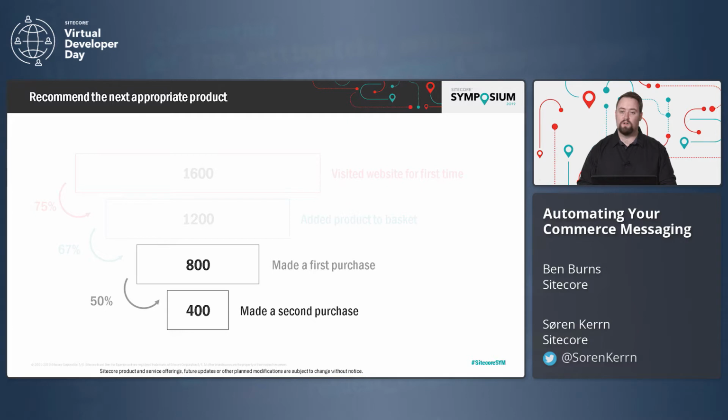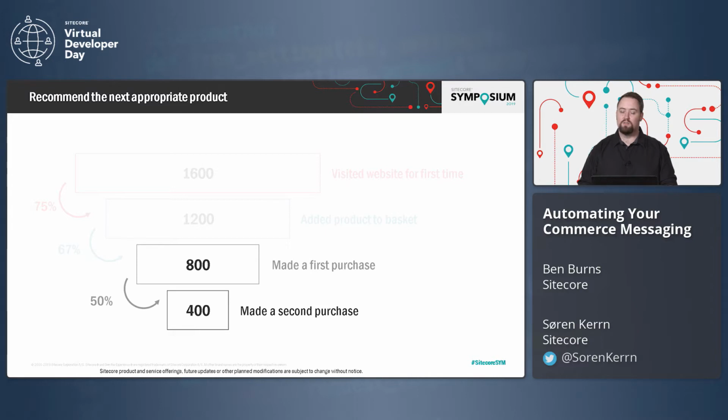Moving down to the bottom of the funnel, and the main thing we'll be talking about today, we can consider the difference between a first purchaser and a second purchaser. Knowing that second purchasers often go on to become third purchasers, fourth purchasers, and repeat purchasers, looking at that percentage and knowing that there are differences that can be made to influence whether or not someone's more likely to come back and make that second purchase, we have an extremely strong opportunity as a CMO and within the commerce team to make a very big difference to that group of people who continue to purchase.